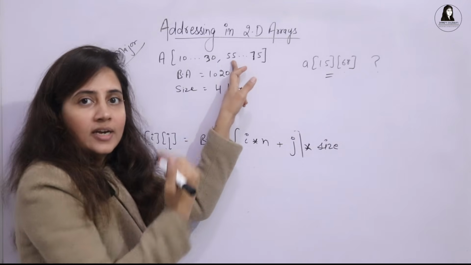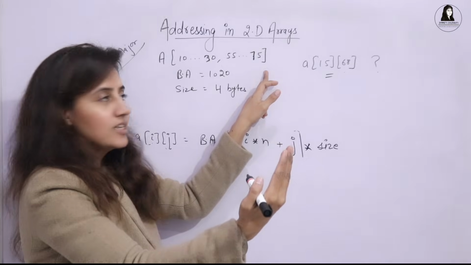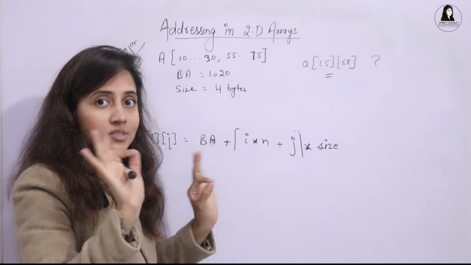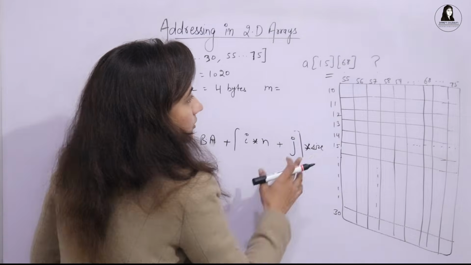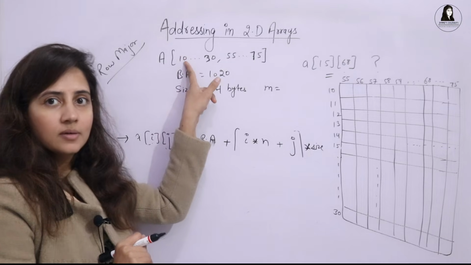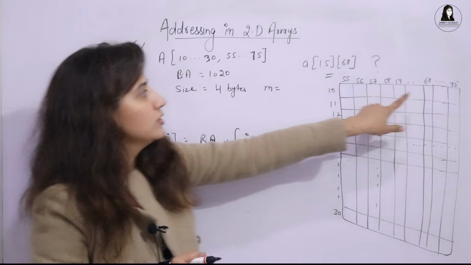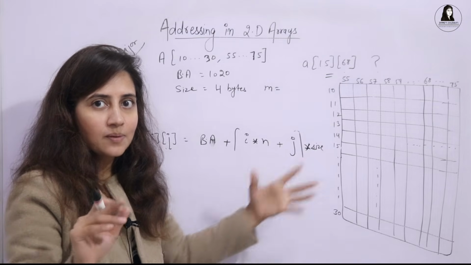The lower index of column is 55 and the last index for column is 75. Index does not start from 0 here. So the lower index for row starts from 10 to 30, 55 to 75. It's not from 0, 1, 2, 3, 4. No, there is something different.